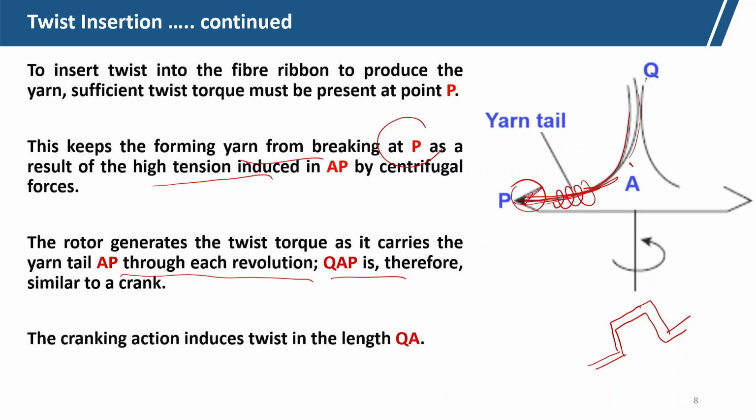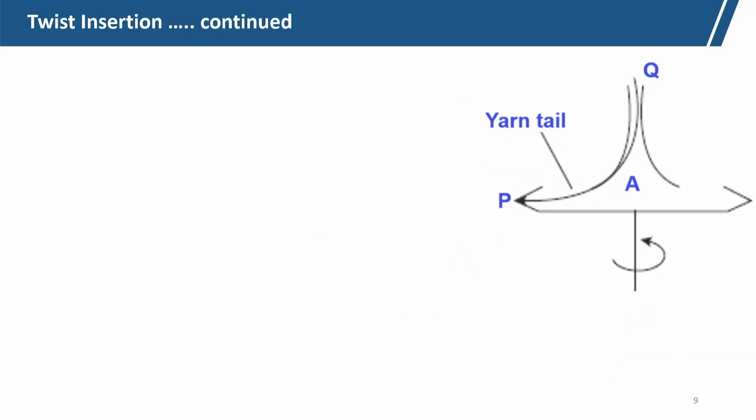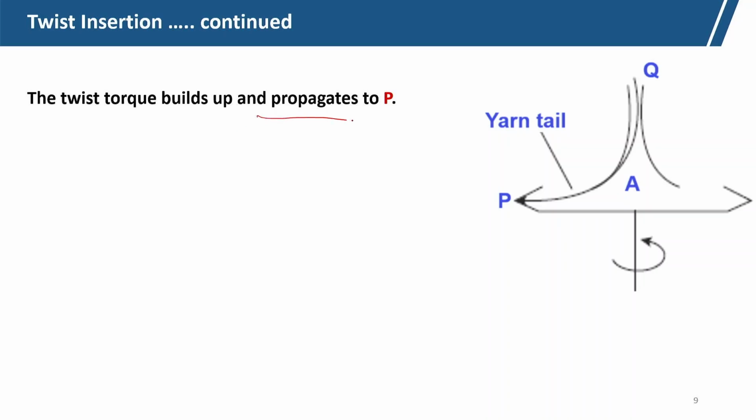The cranking action introduces the twist in Q A. So, this is actually introducing twist here in Q A, and that twist is transmitted to the A P zone. The twist torque builds up and propagates towards P. So, twist is introduced by the crank action in Q A, and this twist torque is propagated towards P.